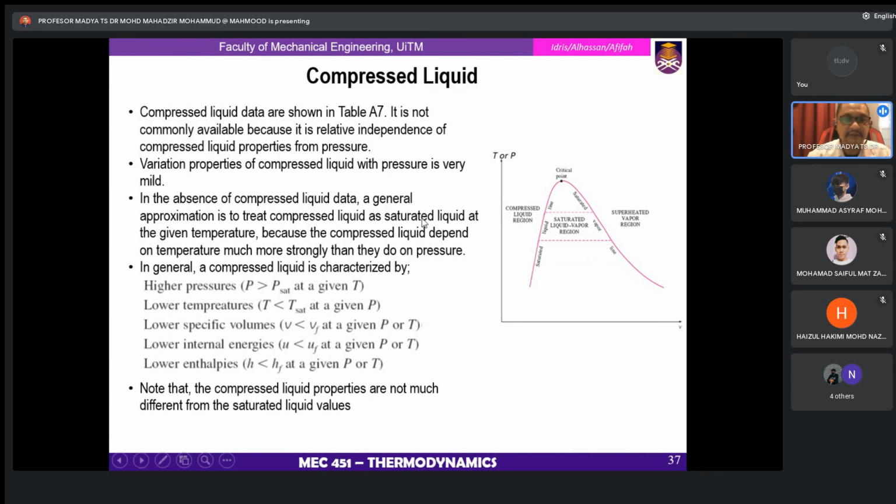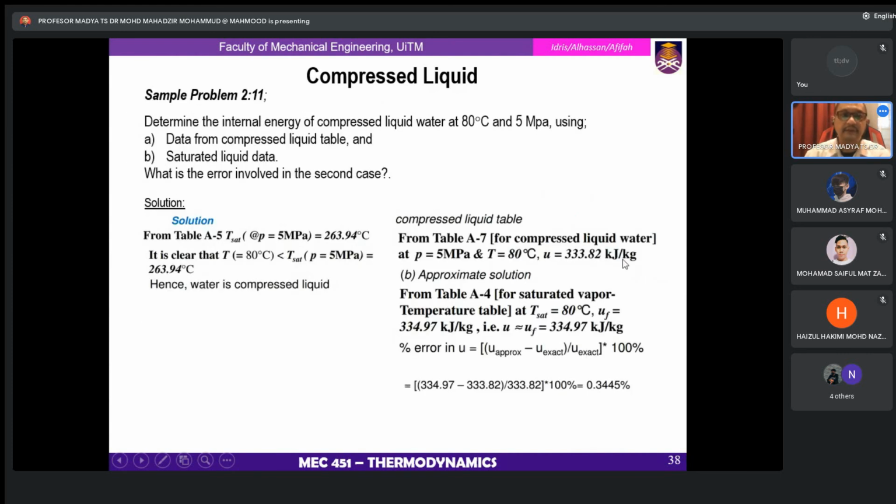In general, a compressed liquid is characterized by high pressure, lower temperatures, lower specific volumes, lower internal energies, and also lower enthalpies. This is all the theory of compressed liquids. Note that compressed liquid properties are not much different from the saturated liquid values. Please take notes about that.